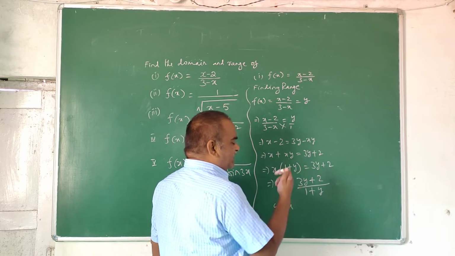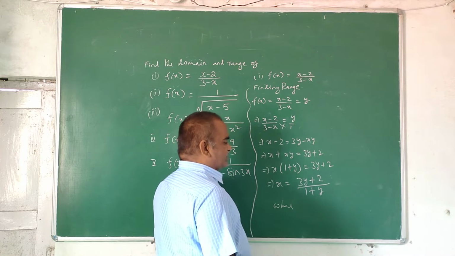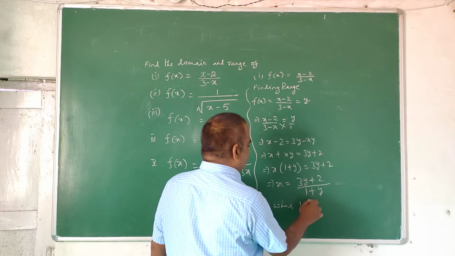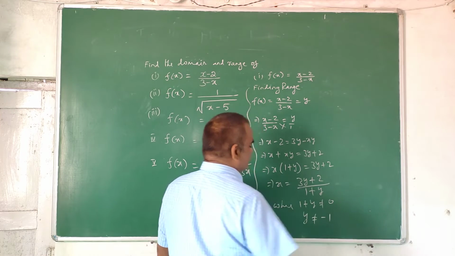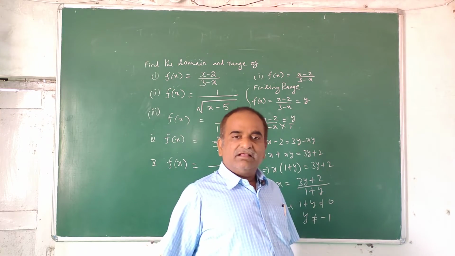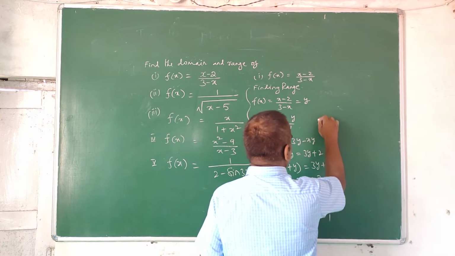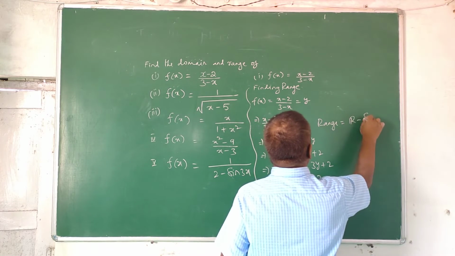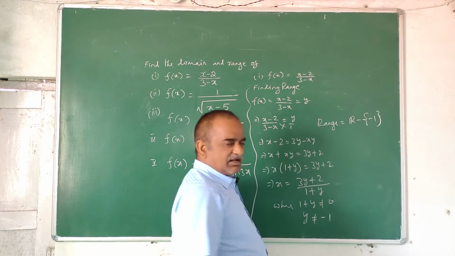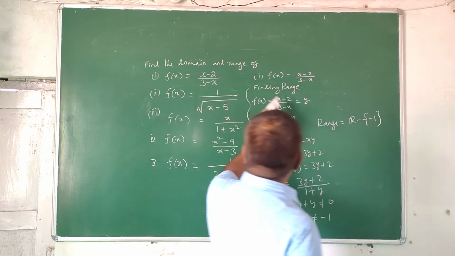But x cannot take an undefined value. So what you have to do is, 1 plus y should not be 0, which implies y should not be minus 1. Therefore, our range is the set of all real numbers minus 1. Understood? So this first problem is over.